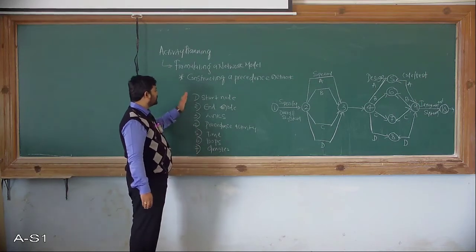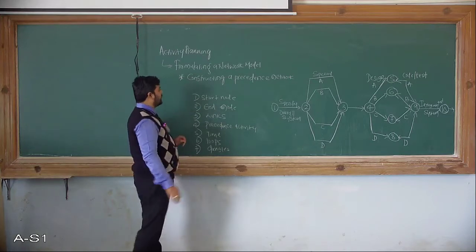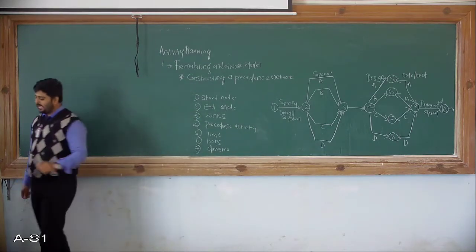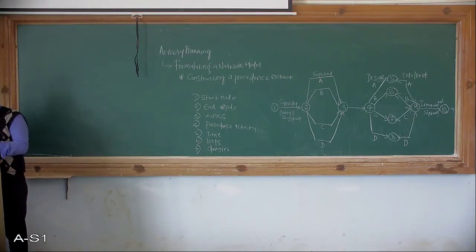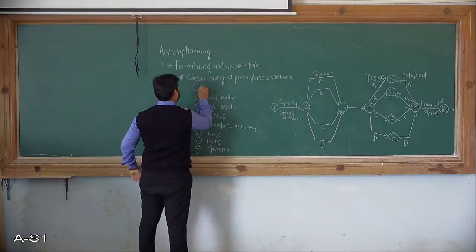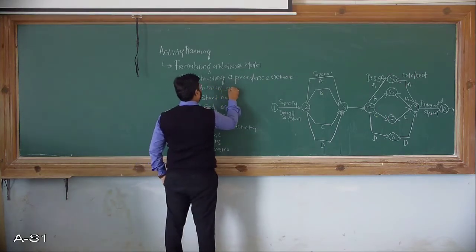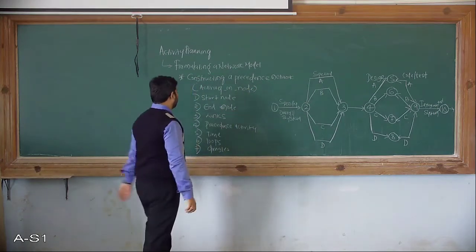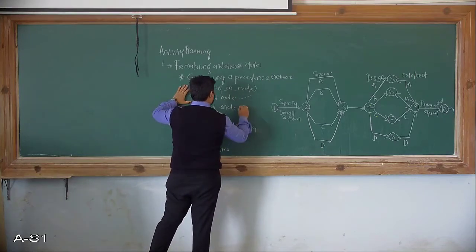Fine. So first one is the start node. This you can say as activity on node. Fine. Activity on arrow. In other sense you will come across activity on nodes. Fine. So this activity on node, that also can be called as activity on node. Fine. We will discuss. So first one is the start node, then end node.